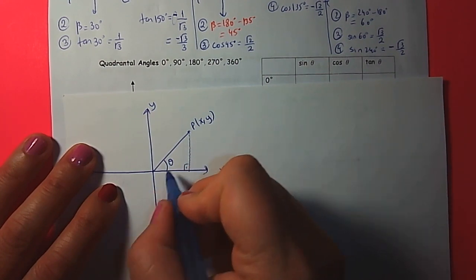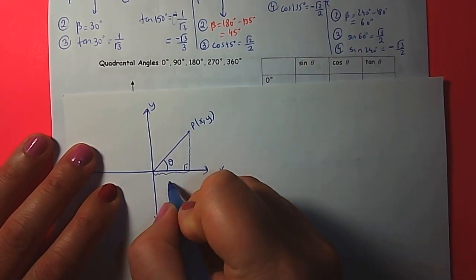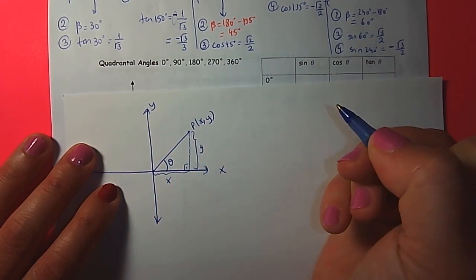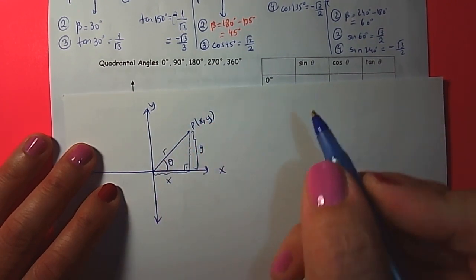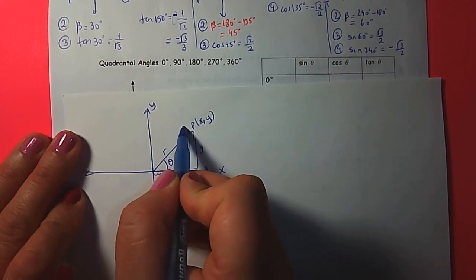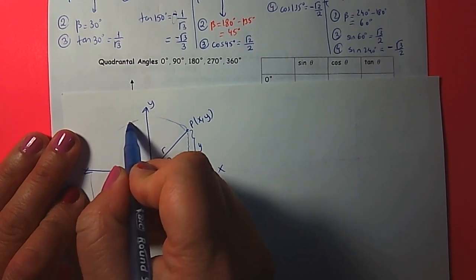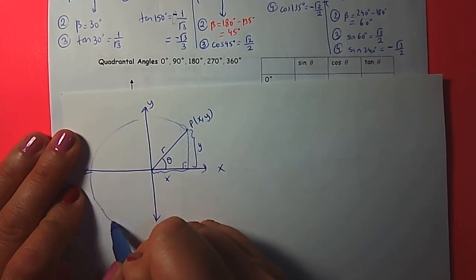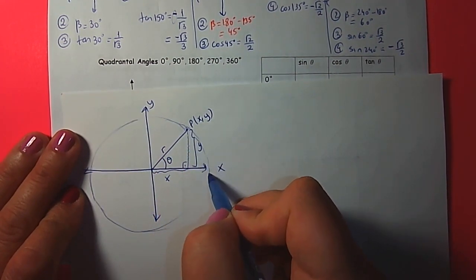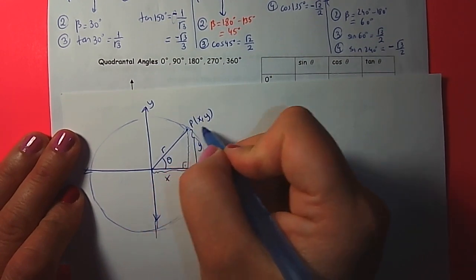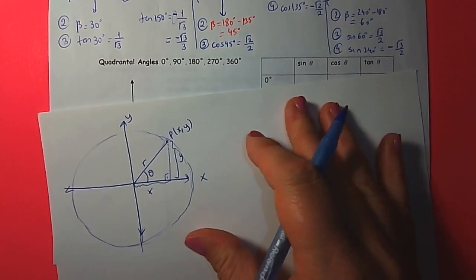So we create a right-angle triangle, and this side is x and this side is y, and that is r, because if that arm keeps rotating, it creates a circle in the Cartesian plane, and the radius of that circle would be r.